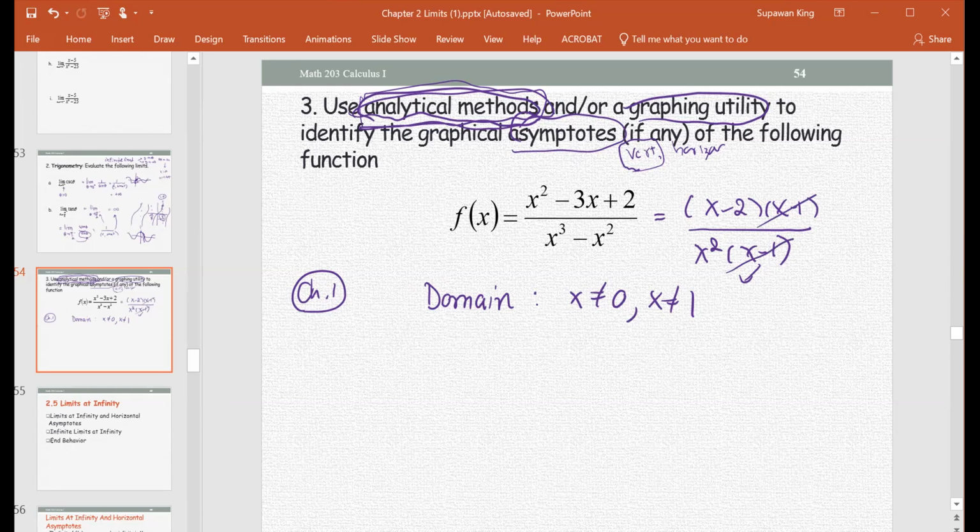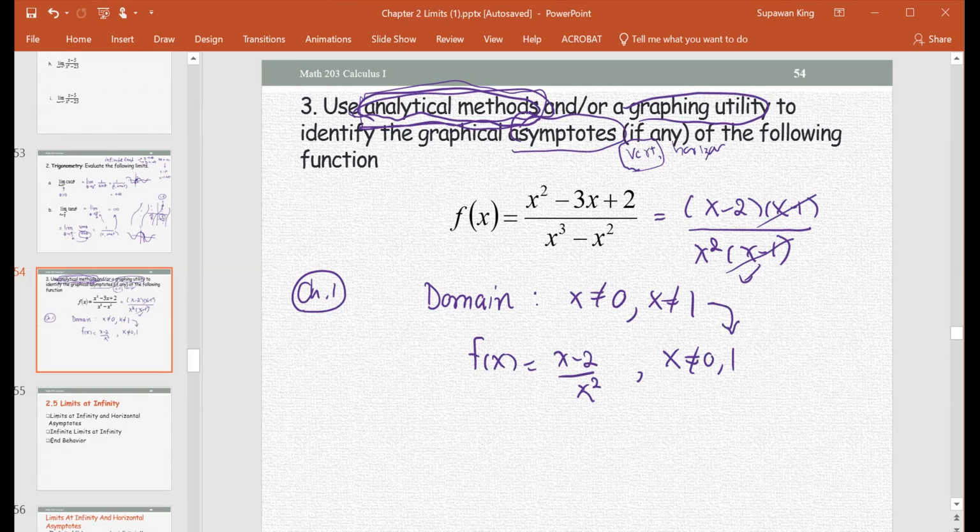The function can be rewritten as x minus 2 divided by x squared, as long as x cannot be 0 and 1. We have to keep an eye on the domain.